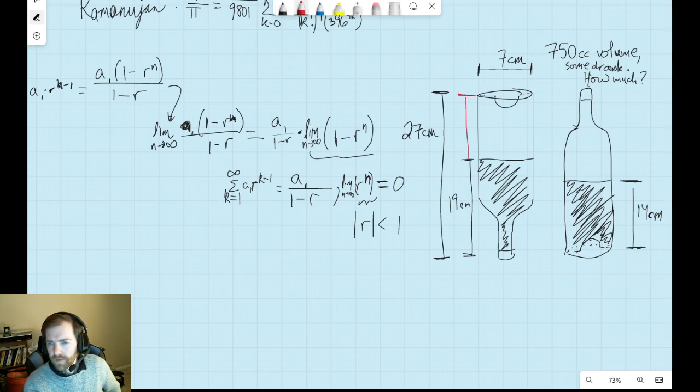So, empty parts. There's 8 here. And wherever this actually ends here to water level is 13.